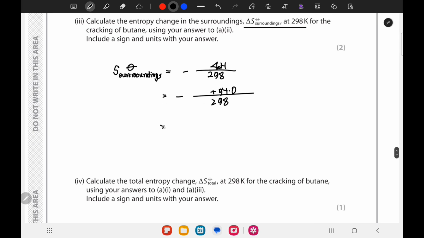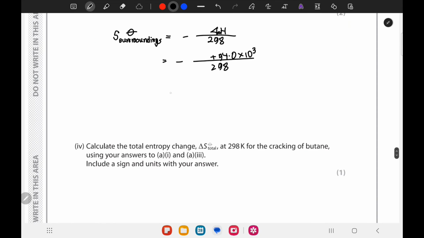This comes out to be minus 0.315 kilojoules. So this was in kilojoule. I can convert it into joules by multiplying by 10 cube. This comes out to be minus 315.4 joule per mole per Kelvin.